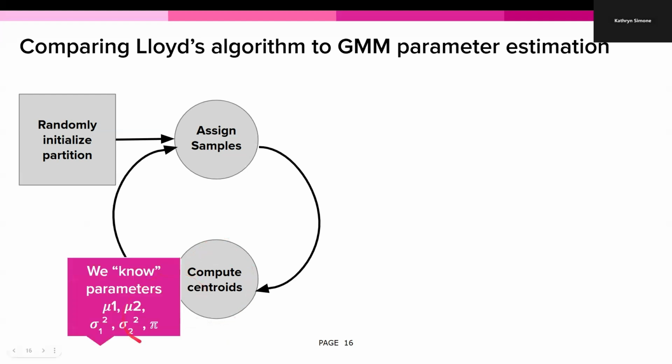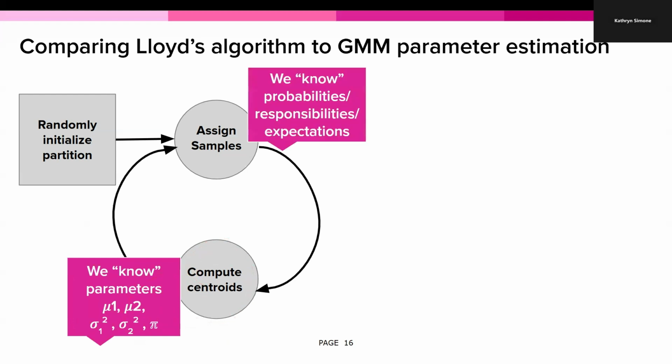But in our case, the model's a bit more complex because in addition to the means, we also need to estimate the variances and the mixing weight for the Gaussians. And then another important difference is how we handle the assignments. In k-means, we had those hard sample assignments.